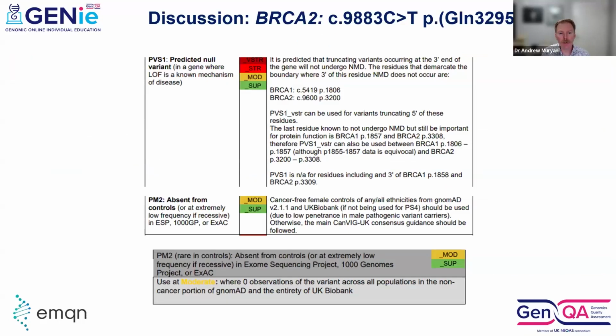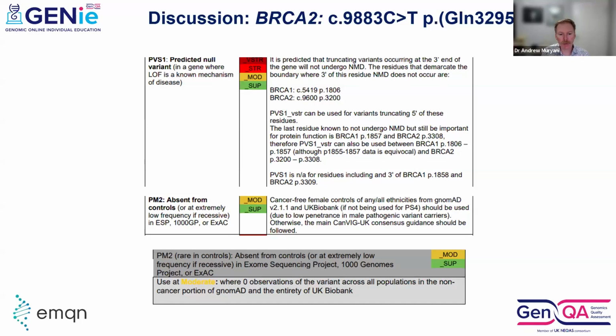Using the CanVIG-UK guidelines, they followed a similar pattern with PVS1, whereas even though it doesn't undergo nonsense-mediated decay, because this change is upstream of amino acid 3308, you can apply PVS1 at a strength of very strong.